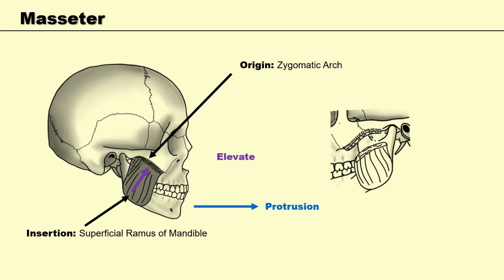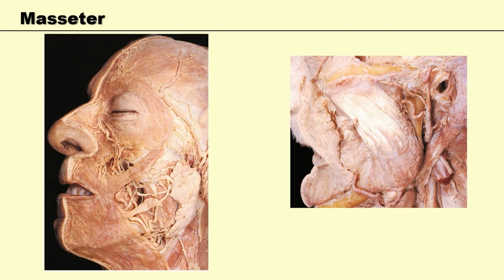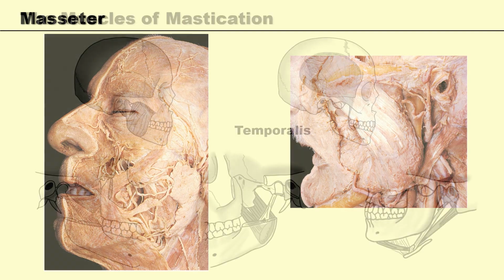The artery is the masseteric artery, which is a branch that supplies the masseter, whilst the masseteric nerve from the mandibular branch of the trigeminal nerve also innervates this muscle. On this slide, we have our first prosected images, and we can see the location of the masseter just here and here. Let's move on and have a look at the next muscle of mastication.